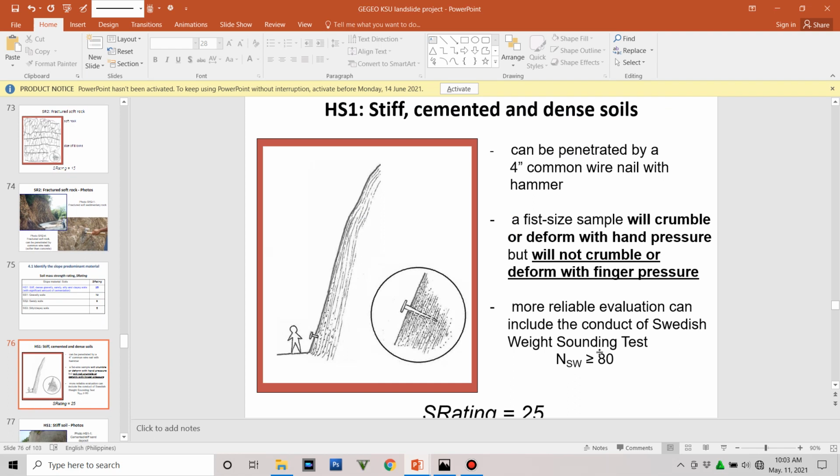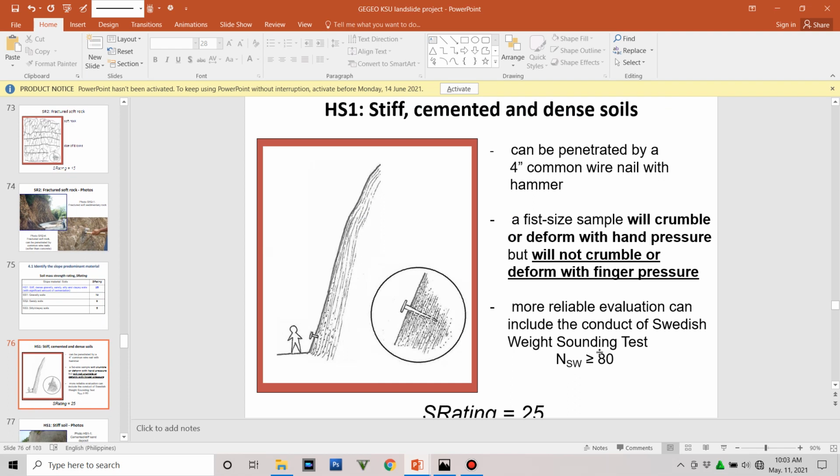Now, if we check the material by hand pressure, it will crumble. So between soft rock and dense soils, madidistinguish mo na kasi kapag crinumble or hinand pressure mo yung stiff cemented soil, magka-crumble yan or maburak, no? While on the soft rock, it will not crumble by hand pressure.